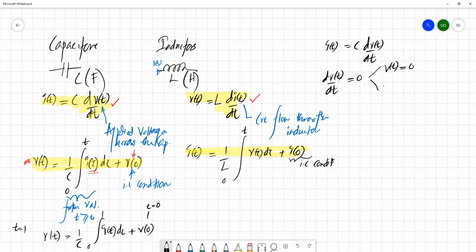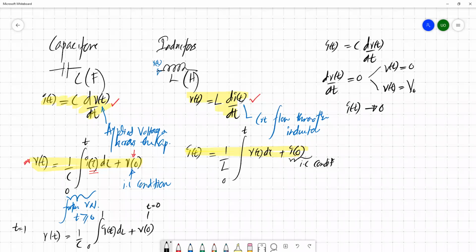Other than that, if this time varying quantity becomes a constant, then again the derivative would be 0. What happens if this derivative goes to 0? The induced current goes to 0 because this quantity is 0.